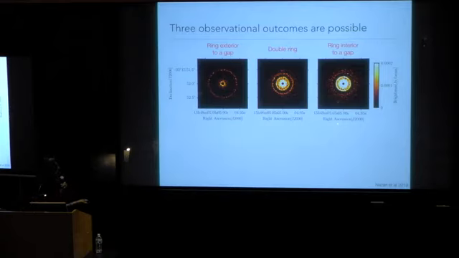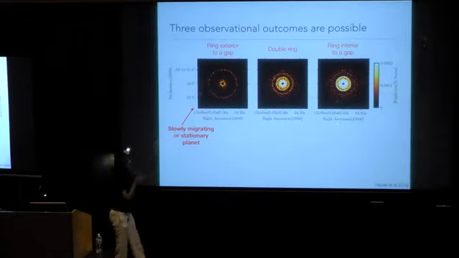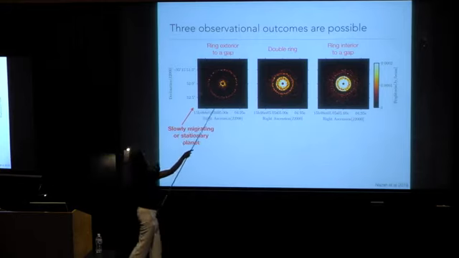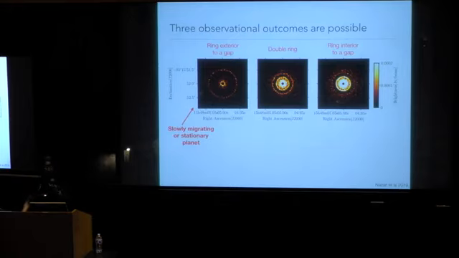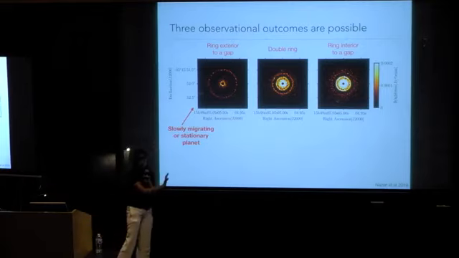So the first of 3 observational possibilities is what we see on the left-hand side. We have a gap with a ring exterior to it. These are ALMA mock observations. Now that's nothing different to what we've expected before. This is where we would say that we would have a slowly migrating planet or perhaps a stationary planet.